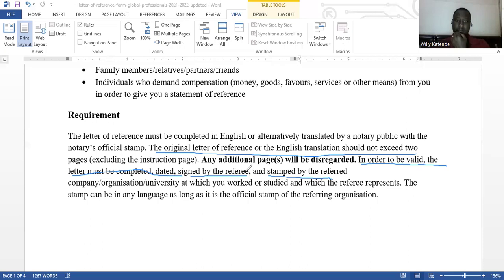The 2 pages must be dated and signed by the referee at the bottom of the pages. So this is another important one. These small little details are also very important for you to be able to win the scholarship and fill in this letter successfully.